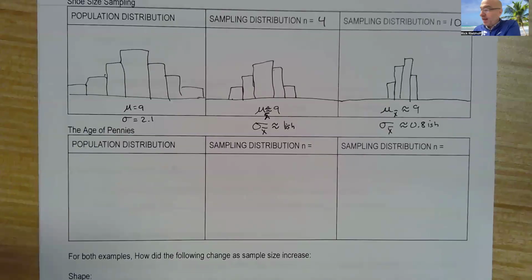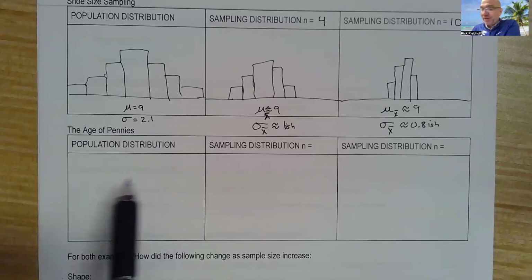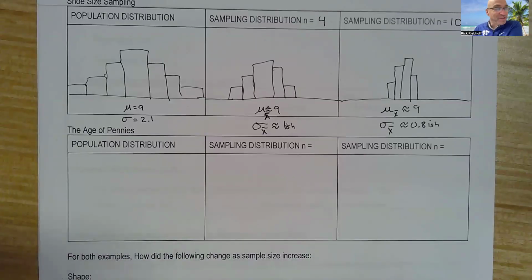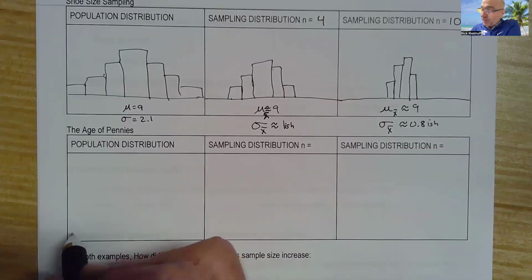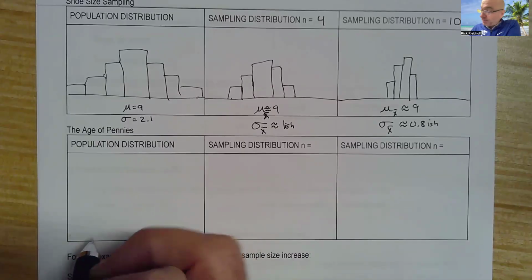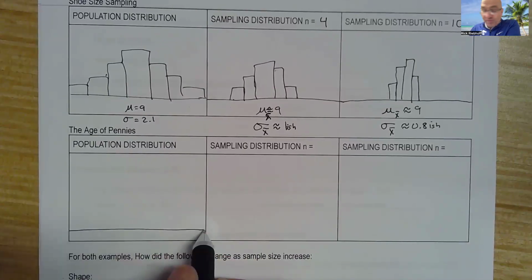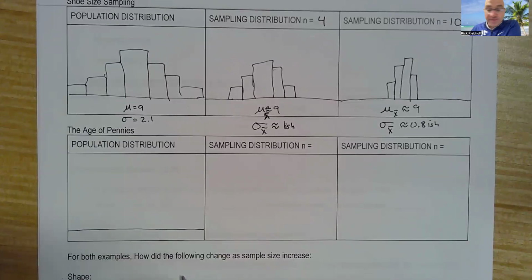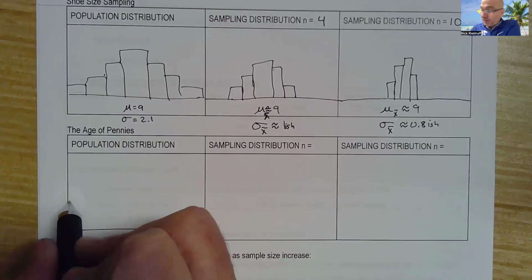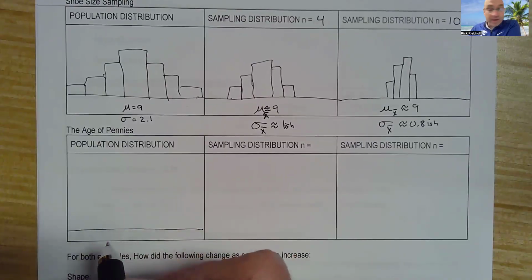All right. After that, we did Age of Pennies. And I'm, again, doing this before we've done Age of Pennies, so I'm just getting at your idea. Again, take your stuff from the Age of Pennies and fill in what you got. I do know the first one, if we did a graph of it, I'm trying to think of what it looked like.